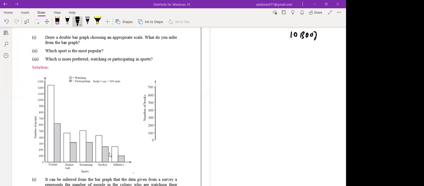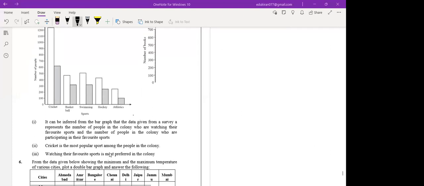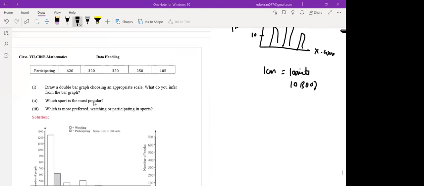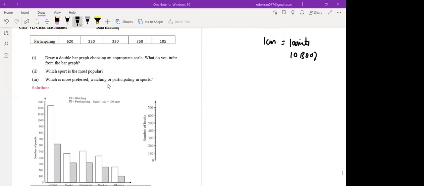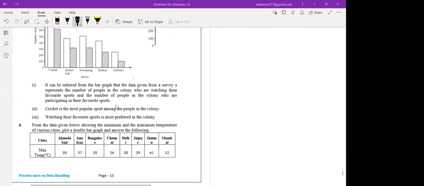Cricket, basketball, like this. Which sport is the most popular? Cricket. And which is most preferred, watching or participating? Watching is more preferred.